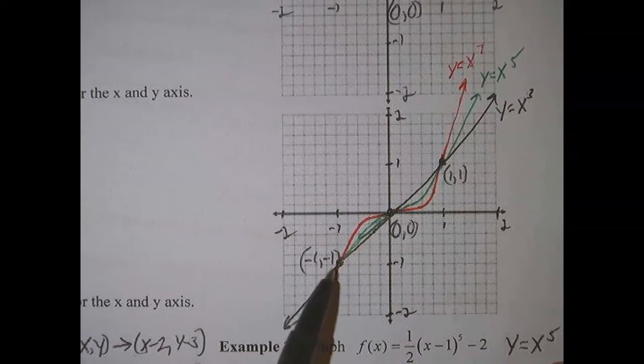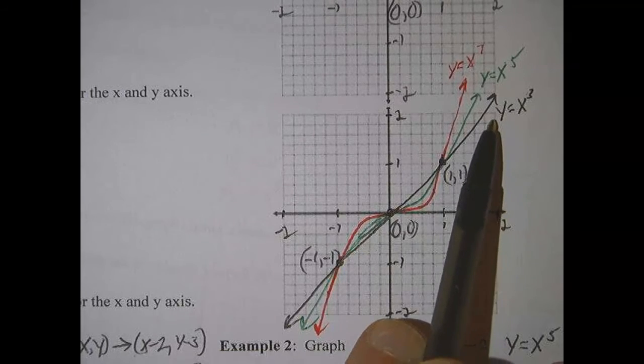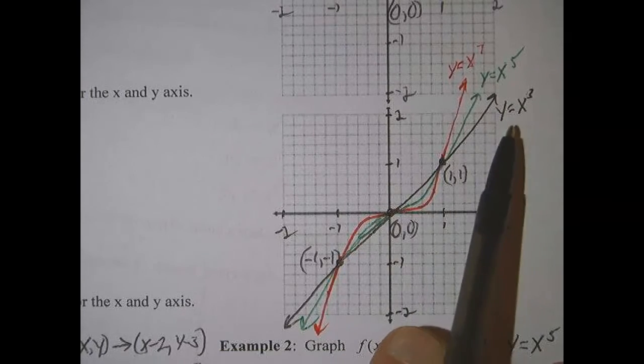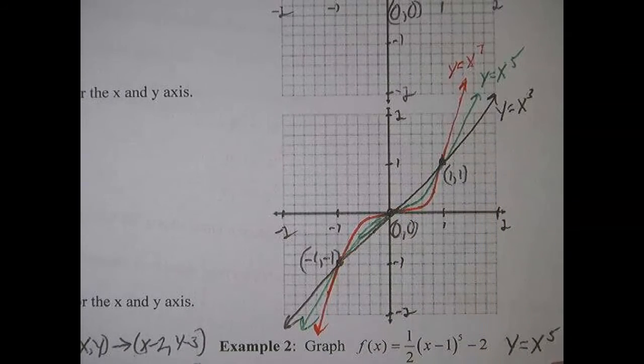They all pretty much do the same thing. They just go up more steeply or more slowly. The y equals x cubed almost looks linear, but that's just trying to give room to put the 5th and the 7th in there so you can see that they go up more steeply once they pass the 1, and they go down more steeply once they get to that side of it.